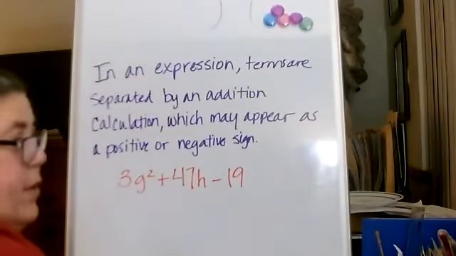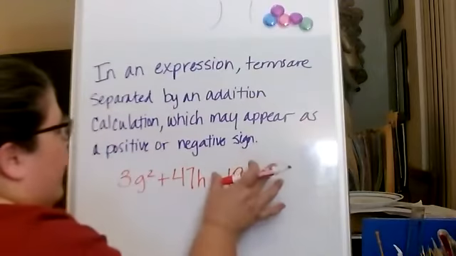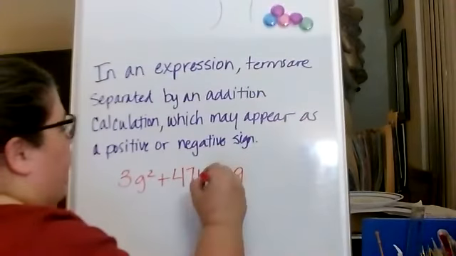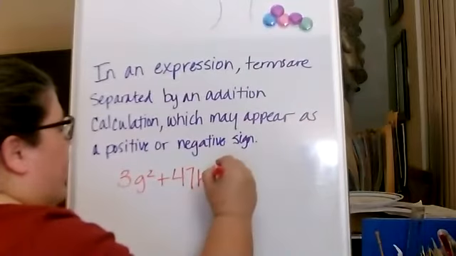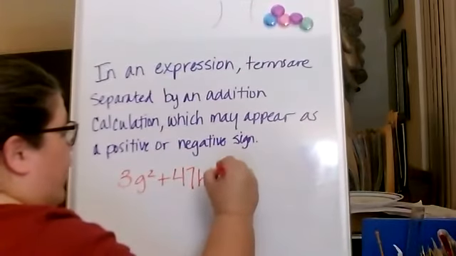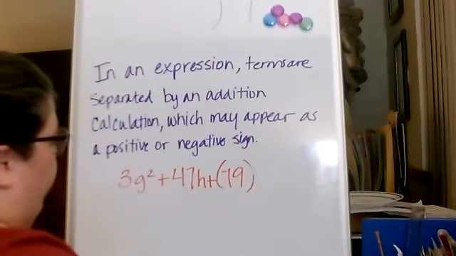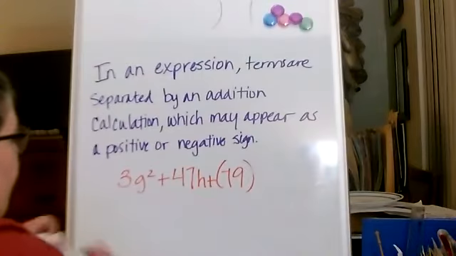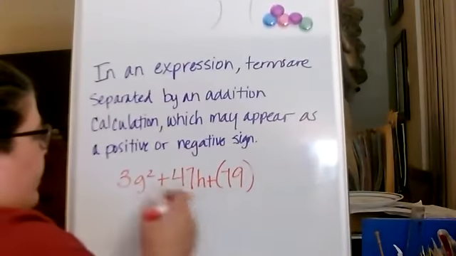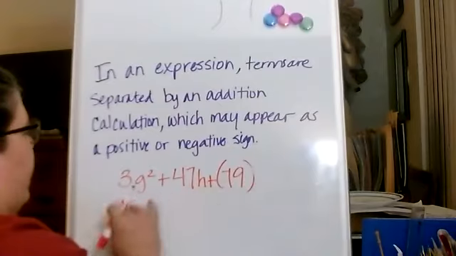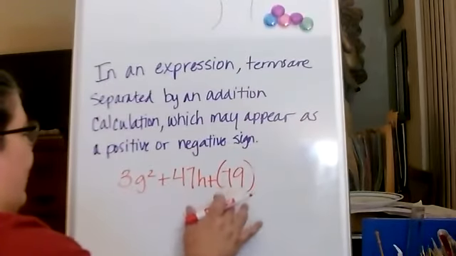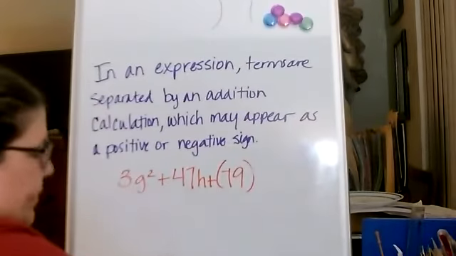So whenever we see a subtraction in a problem, we're going to take that out, put a plus sign, and turn the number itself into a negative. That way, if we're combining these and there are like terms, we're adding a negative number.